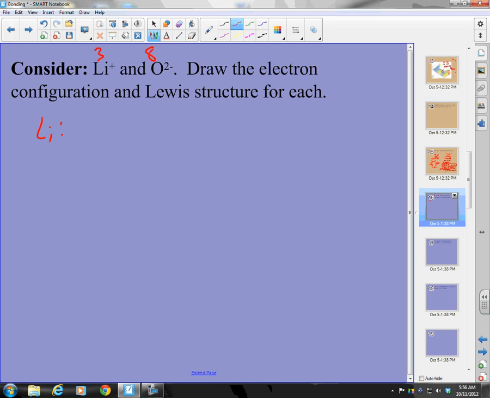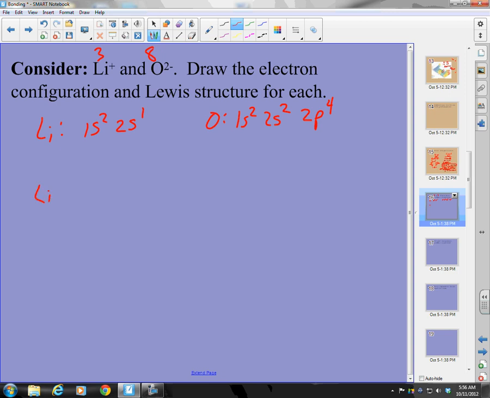So what is my electron configuration for regular lithium? 1s2, 2s1. And my electron configuration for oxygen is 1s2, 2s2, 2p4. Good. Now it says draw the electron configuration for lithium plus.